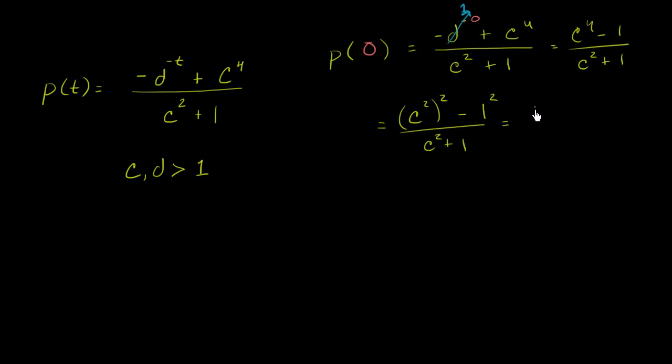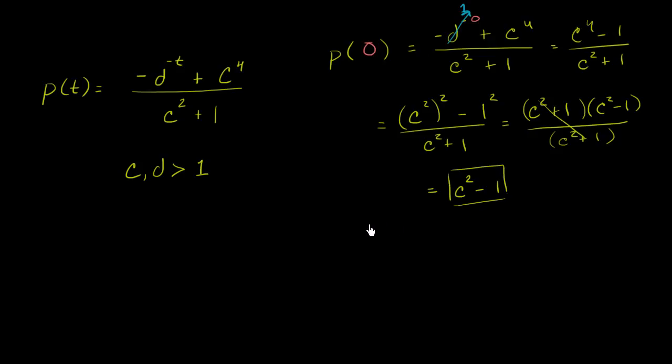And that's the same thing as c squared plus 1 times c squared minus 1, all of that over c squared plus 1. And we have a c squared plus 1 in the numerator and the denominator, so we can simplify. And so our initial position is going to be c squared minus 1. So that actually simplified out quite nicely.